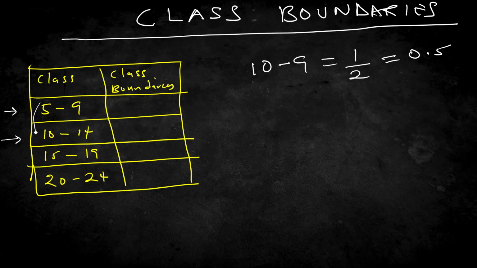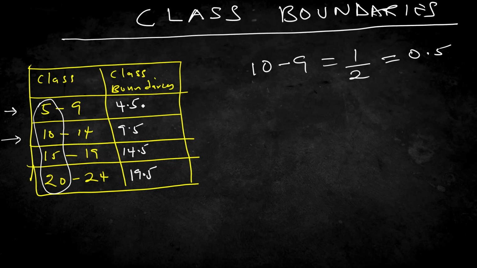So we have 5, 10, 15, 20. You subtract the 0.5 from the lower limit. So 5 minus 0.5 is 4.5, 10 minus 0.5 is 9.5, 15 minus 0.5 is 14.5, and then 19.5.